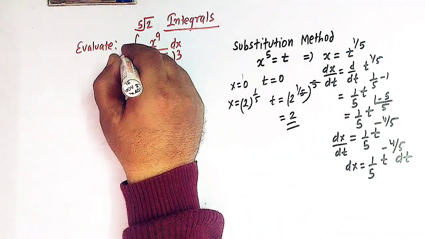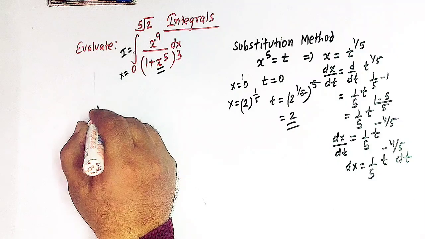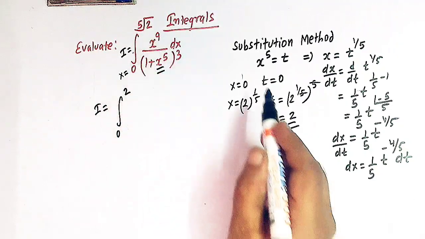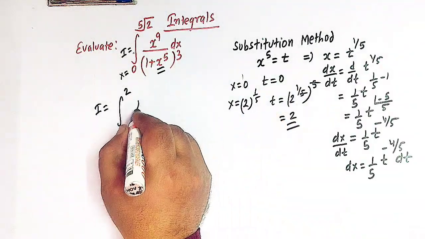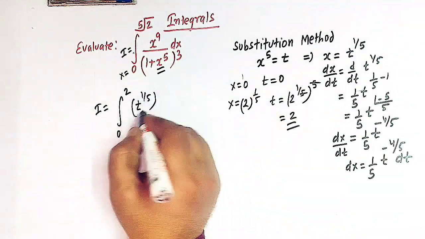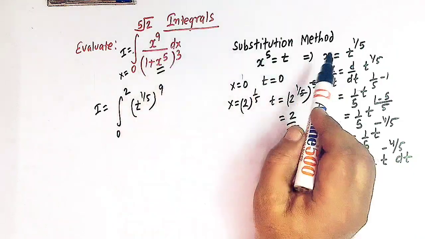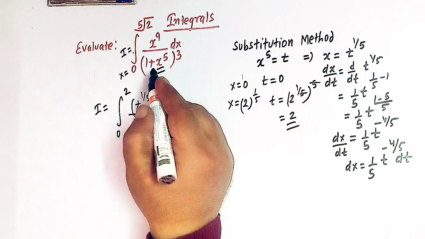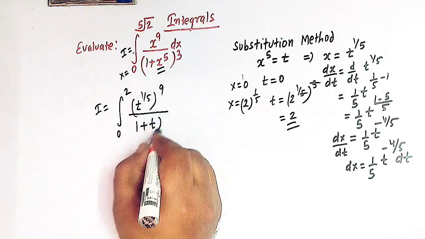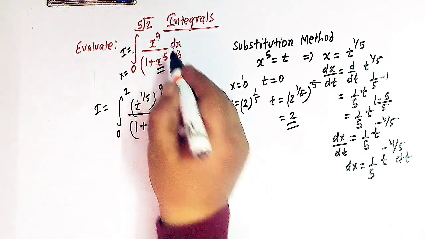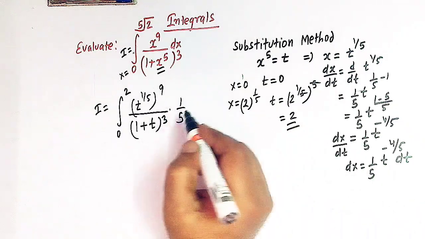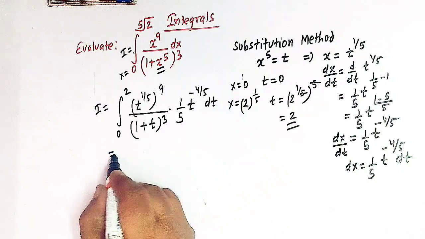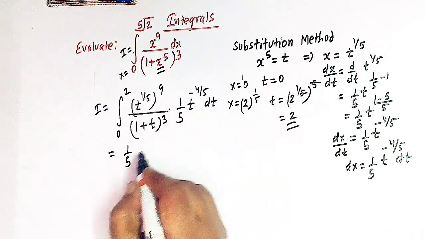So now we can write this integral I as the integral from 0 to 2, and x raised to 9 can be written as t raised to 1 over 5, all raised to 9, because x is t raised to 1 over 5. So here we have now (1 plus t) raised to 3, and for dx we can now write 1 over 5 t raised to minus 4 over 5 dt. So now we can take 1 over 5 outside the integral.